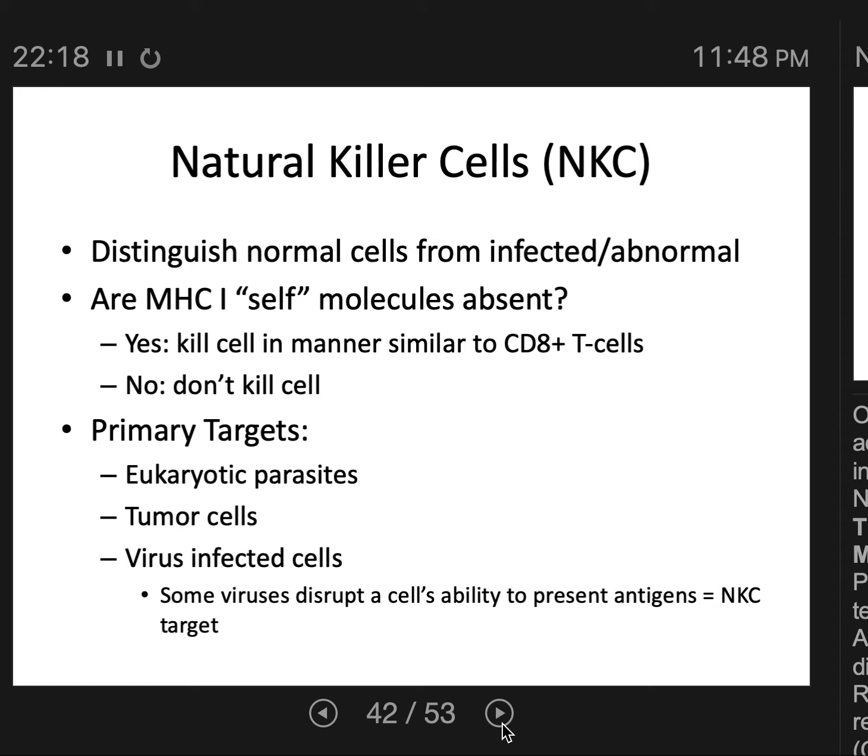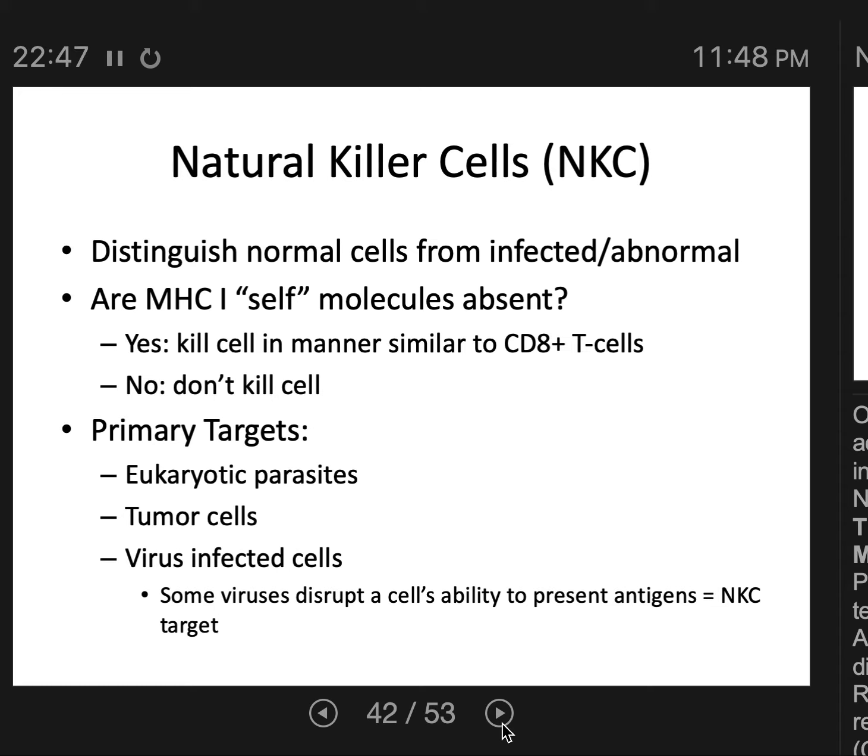A lot of times, tumor cells accumulate a lot of mutations, and that can make them produce weird things and look weird, and often tumor cells are lacking MHC class 1s. They don't have as many MHC class 1s as a normal cell is supposed to have. So if a tumor cell is lacking MHC class 1s or doesn't have enough, natural killer cells will kill them. So they can help fight tumor cells as well.